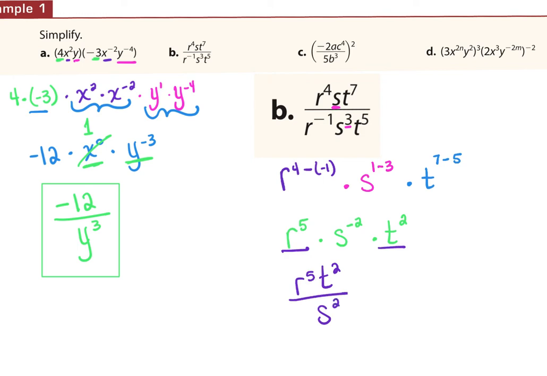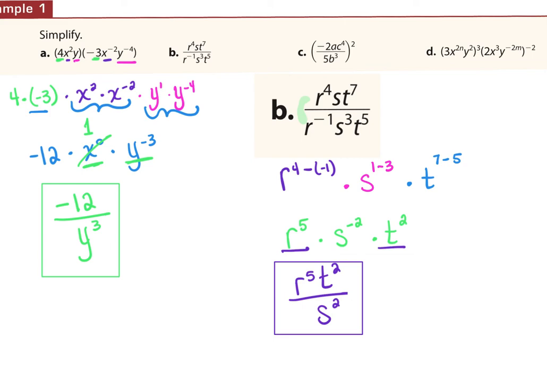And so this is my answer, and I'm going to show you a little tip to see if you did it correctly, okay? So when I look back up here at the very top, and I look first at my r's, for just my r's, I have a 4 and a negative 1. Which is bigger, 4 or negative 1? 4. Where is the 4?